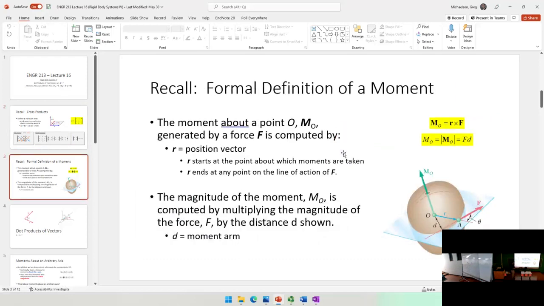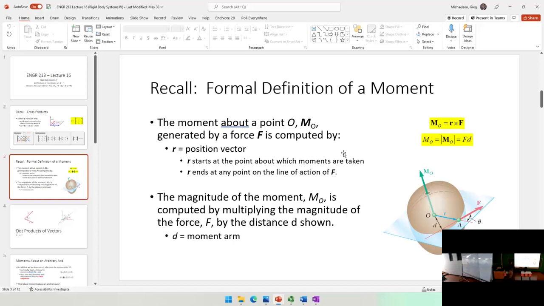Now I also want to dig a little more into the formal definition of the moment, and make sure that we're all clear on what moments mean when we express a moment in IJK notation. The formal definition states that if we have some point, say point O, out in space, and a force being applied that is not going through that point, then the moment generated about that point by that force F is computed by the cross product of R and F. R is the position vector that starts at point O and points to anywhere along the line of action of F, and F is obviously your force vector.